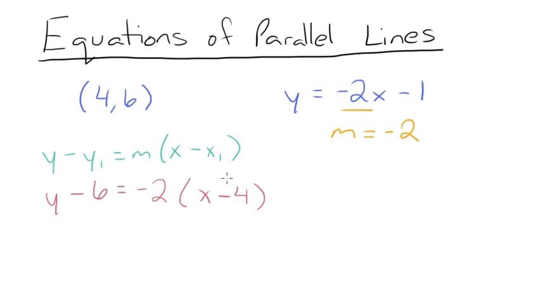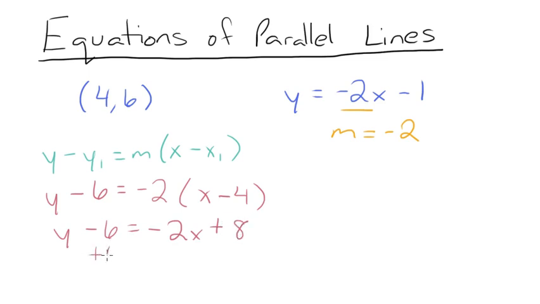But if we want it in slope-intercept form, we just have to do a little bit of rearranging. First, we're going to distribute on the right side, and then we're going to move this -6 to the right side. So if we distribute, we'll get y minus 6 is equal to -2x. And then -2 times -4 is positive 8, so plus 8.